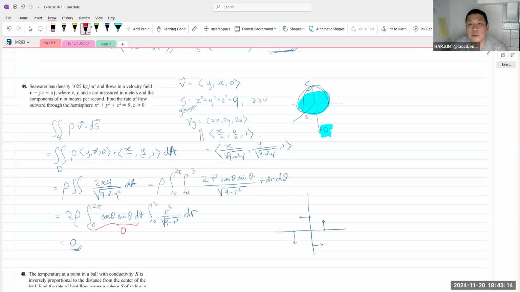So given that you have a radial domain, notice that the vector is actually always tangent to the level curve, which means that there's actually no outward flow.